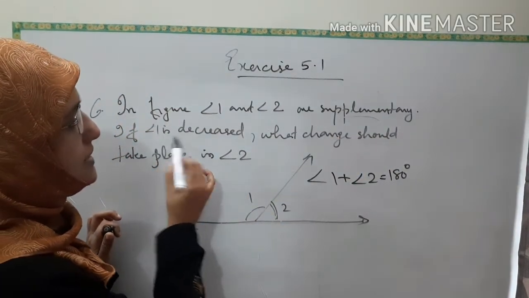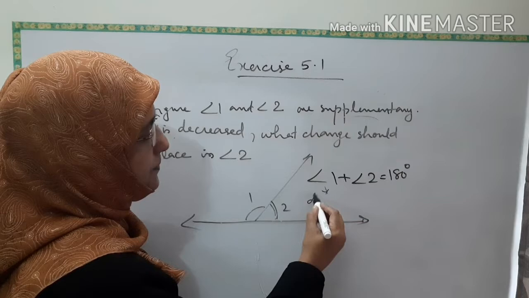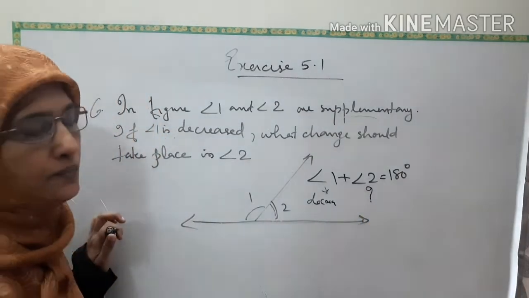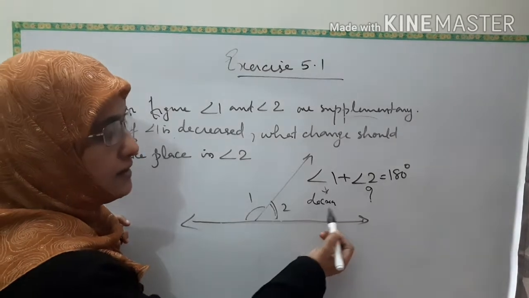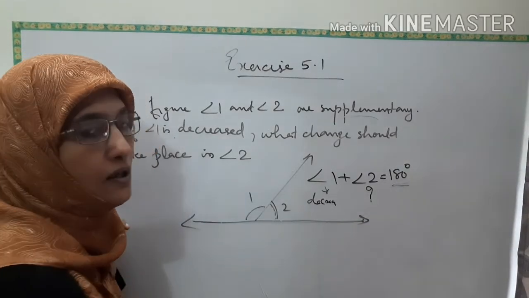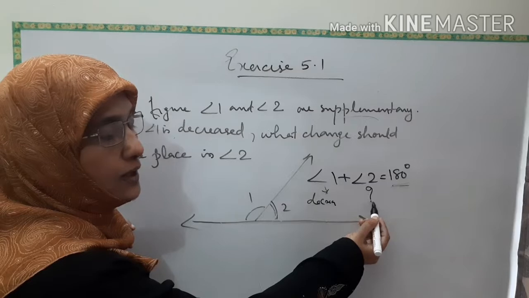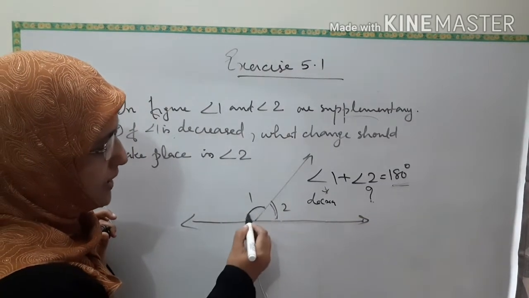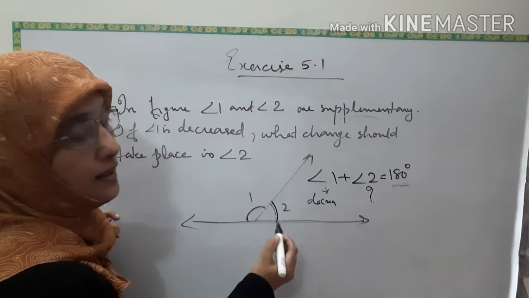Then if angle 1 is decreased, you are reducing angle 1, what will happen to angle 2? If you decrease this also, the sum must be the same. So automatically what will happen to angle 2? It should increase, isn't it? That is, when you are decreasing angle 1, angle 2 will increase.